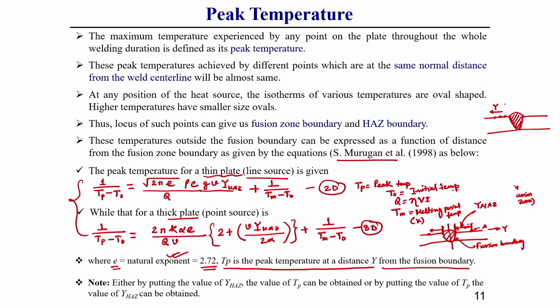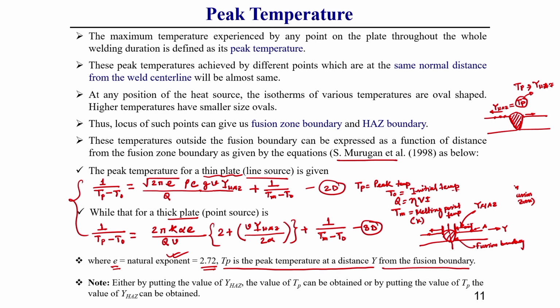At any distance y from the fusion boundary, you can easily find the peak temperature. If we know the y value in a particular heat affected zone, you can find the Tp value, the peak temperature. Otherwise, for a particular Tp value, you can also easily calculate the y.